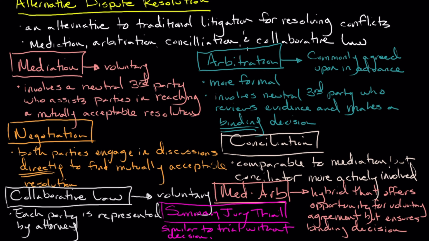ADR promotes active participation, fosters cooperation, and ultimately allows the parties to maintain control over the resolution process, whereas a traditional court system, or litigation rather, is going to create a binding solution. They are very public, and that may not be in the best interests of the parties involved. These methods are oftentimes also less adversarial, more efficient, and they can be tailored to the specific needs and interests of the parties involved.